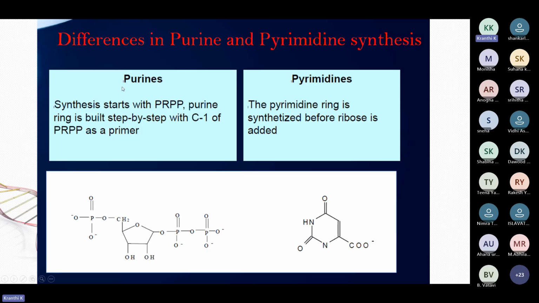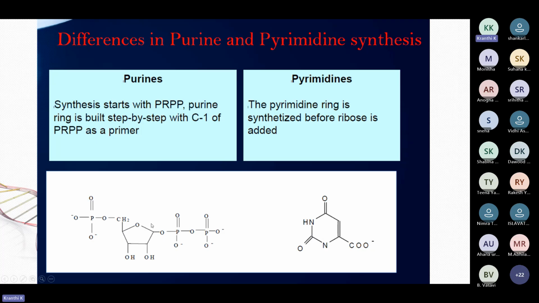So when you see the difference between purine synthesis and pyrimidine synthesis, you know this one, right? This is a phosphate, this is a sugar, and this is a nitrogen base. So we are talking about the nitrogen base, the synthesis of the purine only, right?